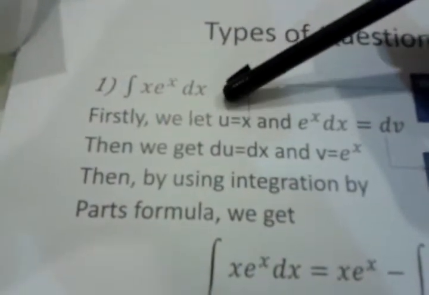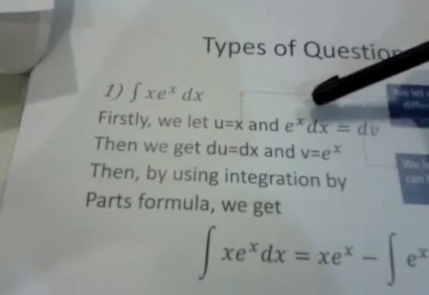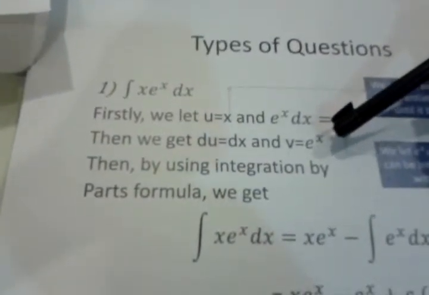Then after we differentiate u, which is x, we get du equal to dx. And when we integrate e to the power of x dx, we get v equal to e to the power of x. And by using the integration by parts formula, the integral of u dv equals uv minus the integral of v du.